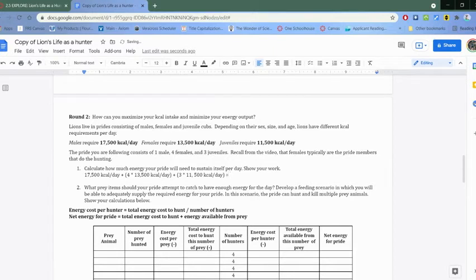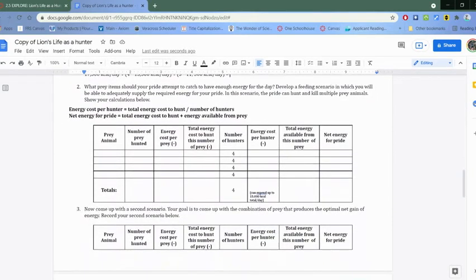And that will give me the total energy needs for the pride. Next thing we need to do is figure out a feeding scenario for the pride. So how can we get enough energy as a group to sustain the group?